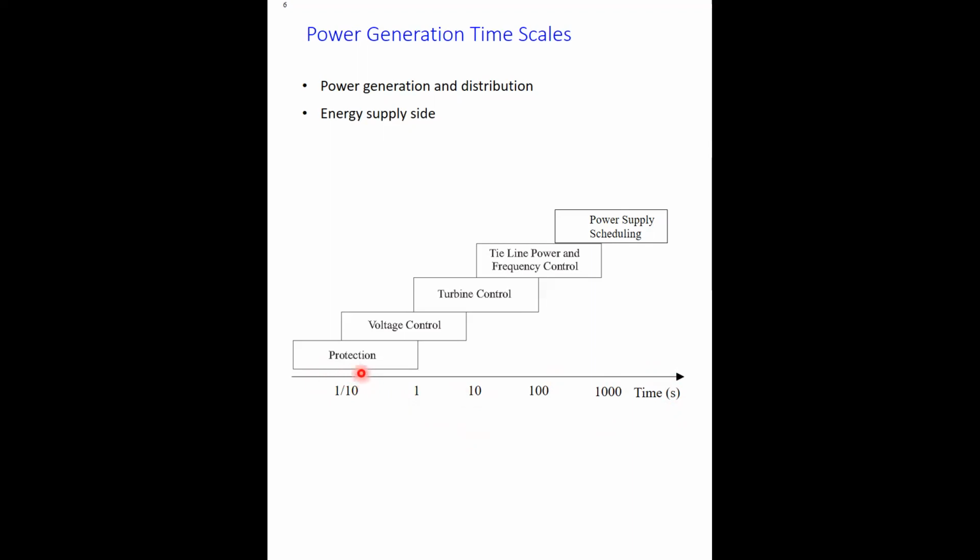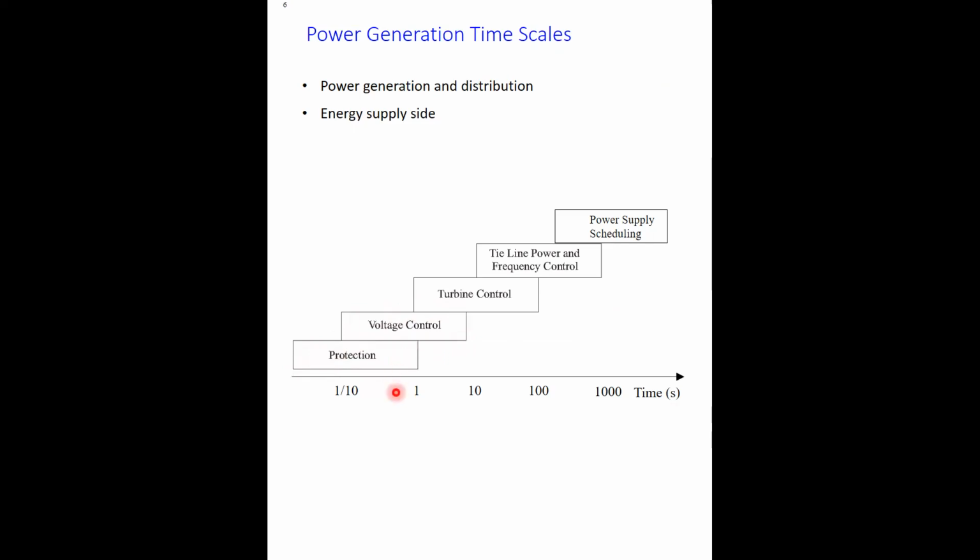So you can see here that if there is a fault, if it is a temporary fault, let's say of 50 millisecond or 100 millisecond or 150 millisecond, your protection scheme should operate to isolate the fault in this range of milliseconds. So the protection scheme is here. Then, if you go to the next stage, you have the voltage control on the generator, or even on the bus as well.